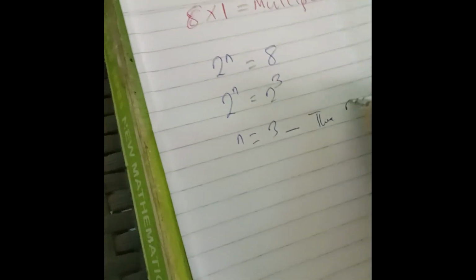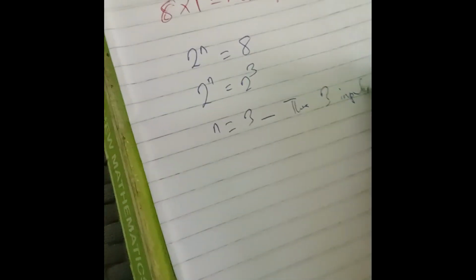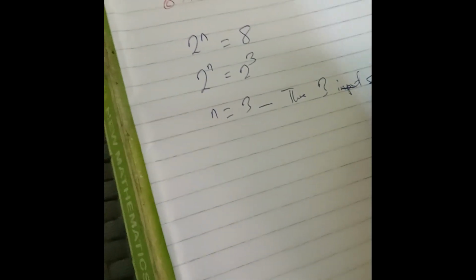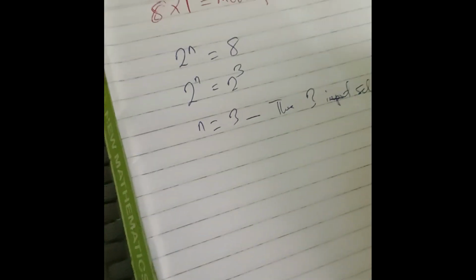which means that there will be 3 select lines. Therefore, if I'm supposed to draw it, this is how I'm going to draw it. I have to make sure I have my box like this. Then I divide it by 8.